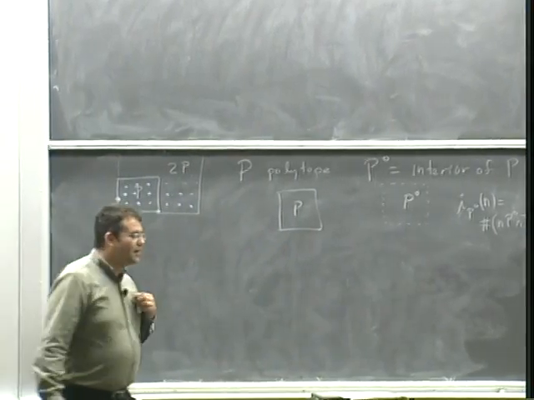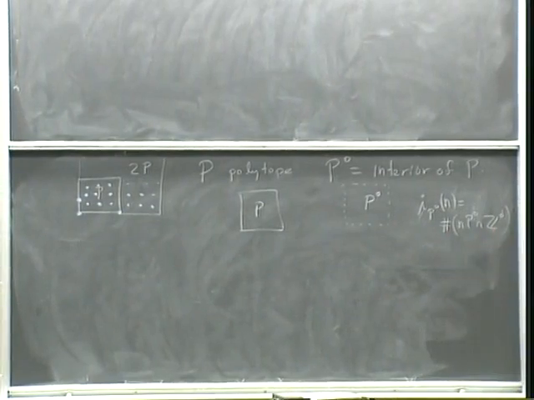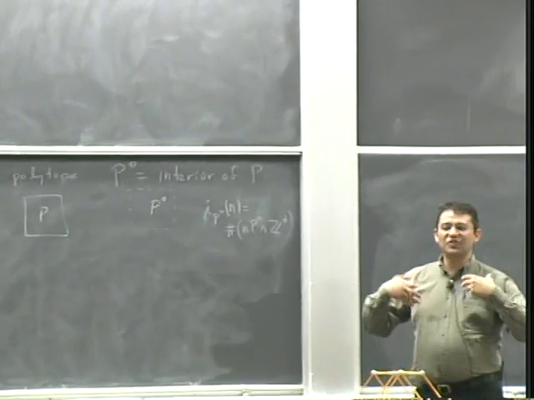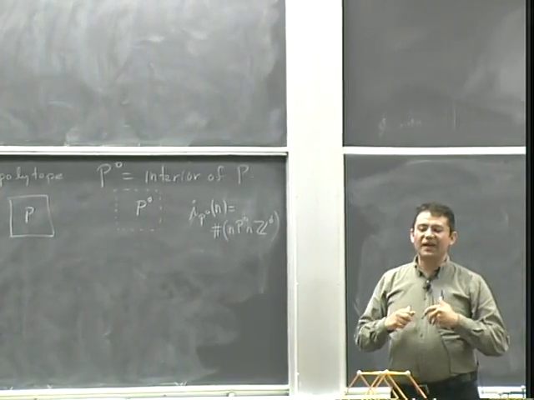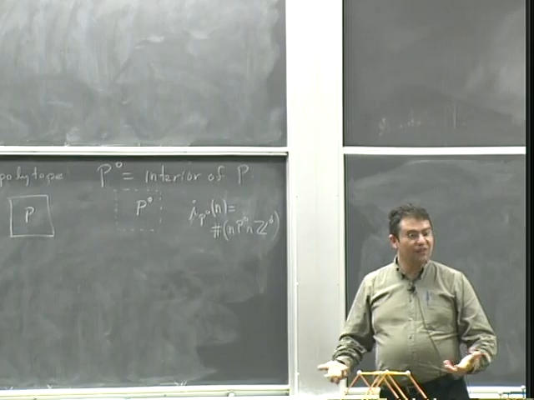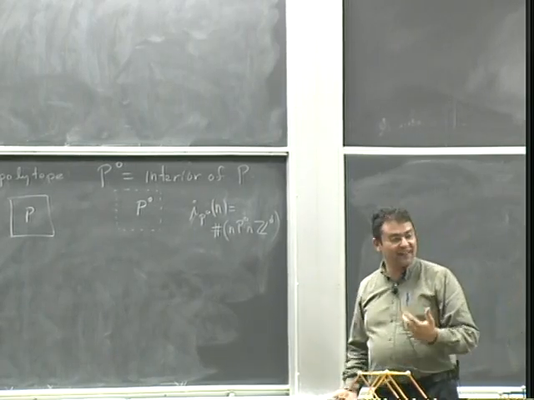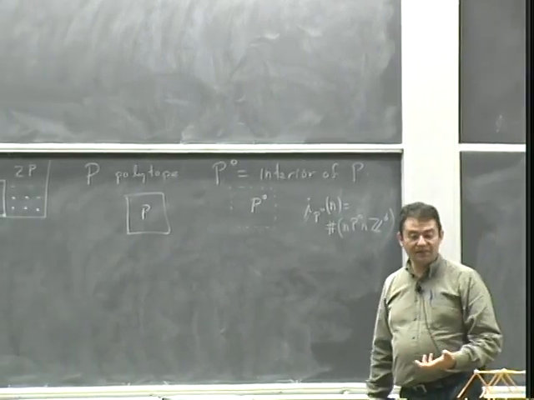Before I convince you of that, I'm going to show you a proof of Ehrhart that, to begin with, you need to triangulate. The beauty of triangulations is that if I can reduce everything to the case of simplices, I'm done, right? And usually I can do that by taking a triangulation. That's kind of the reason why we care about triangulations.